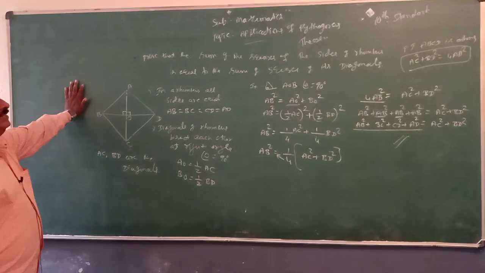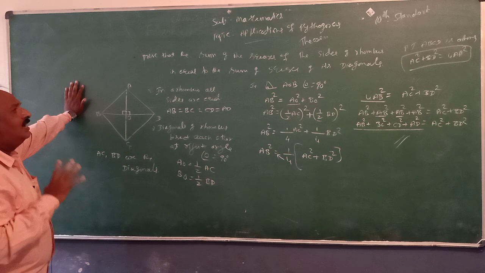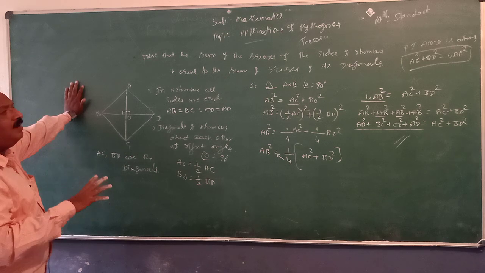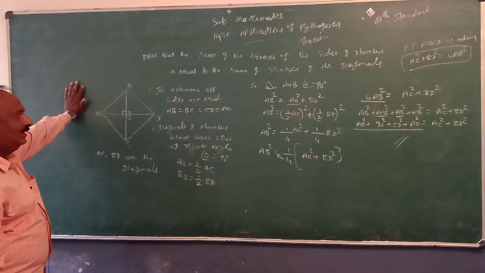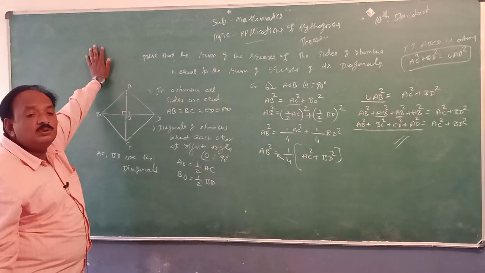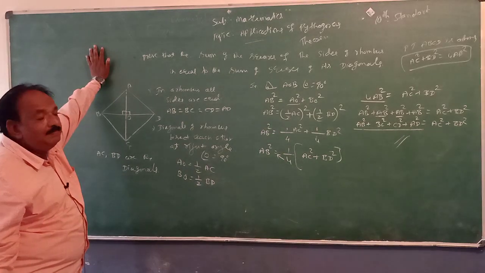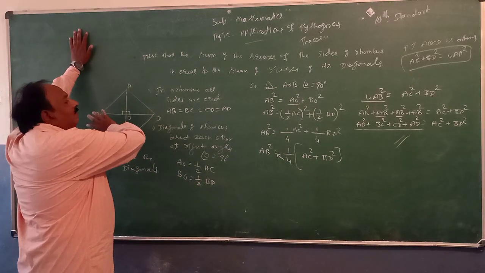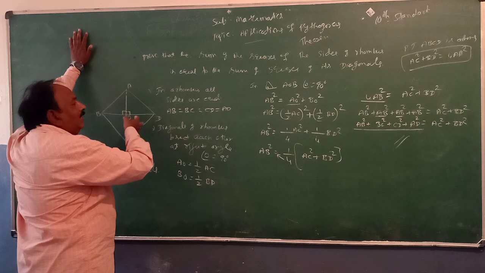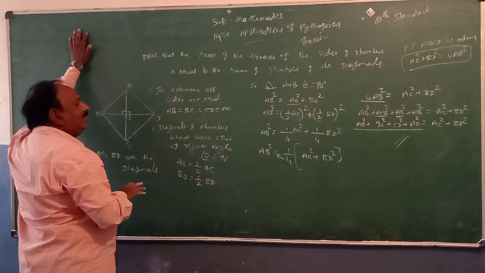Prove that the sum of the squares of the sides of the rhombus is equal to the sum of the squares of its diagonals. Before starting the problem, you must know the basic properties of the rhombus. What is a rhombus? A rhombus is a geometrical figure, a type of quadrilateral. All sides are equal. Diagonals bisect each other at right angles.